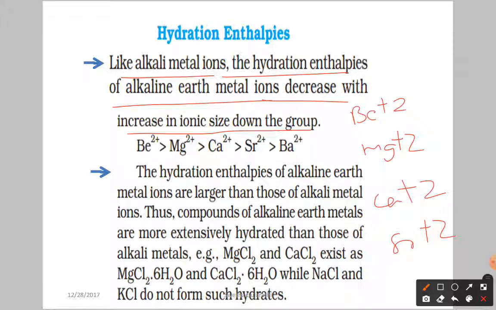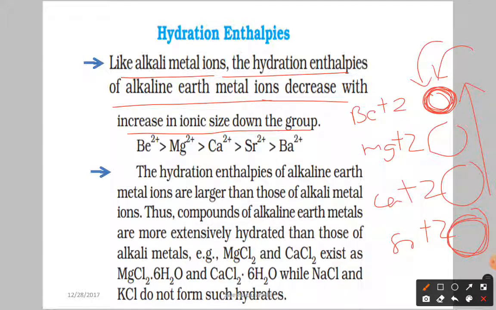From beryllium to strontium and barium, the size of the ion increases, isn't it? Size increases means it is going to attract fewer water molecules. Beryllium, having the small size, attracts more water molecules and liberates more energy, that is called hydration enthalpy. So beryllium gives the more hydration enthalpy.